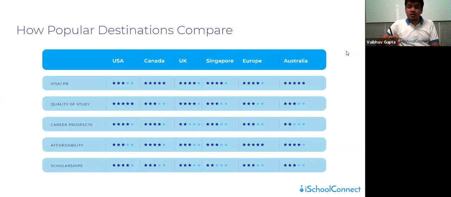In terms of affordability, again, Australia and Canada are slightly expensive. If you are looking for an affordable country, UK and Singapore are one of the most affordable countries when it comes to international education. So keep a lookout for this table. I will share this PPT with you at the end of the webinar, and you can come back to me with questions.